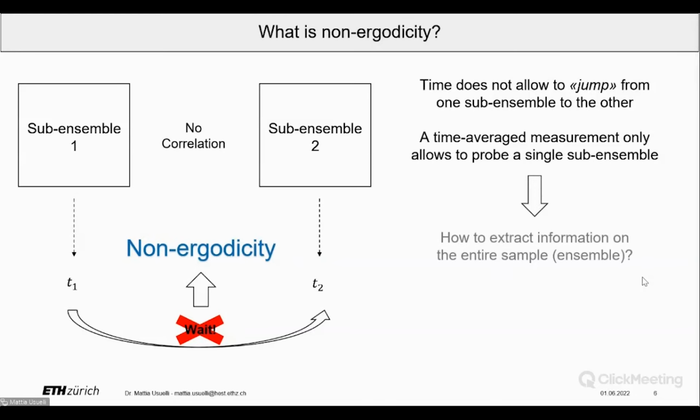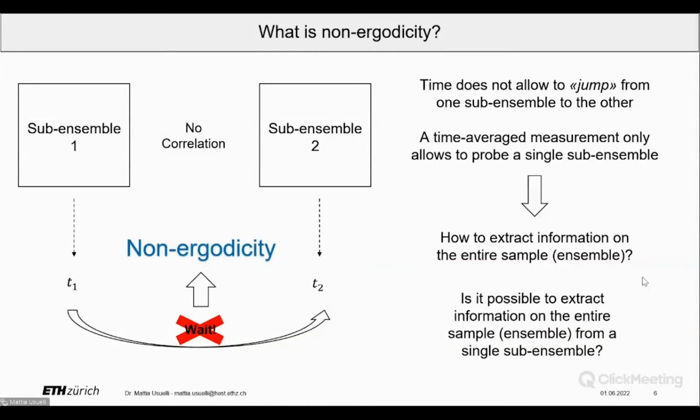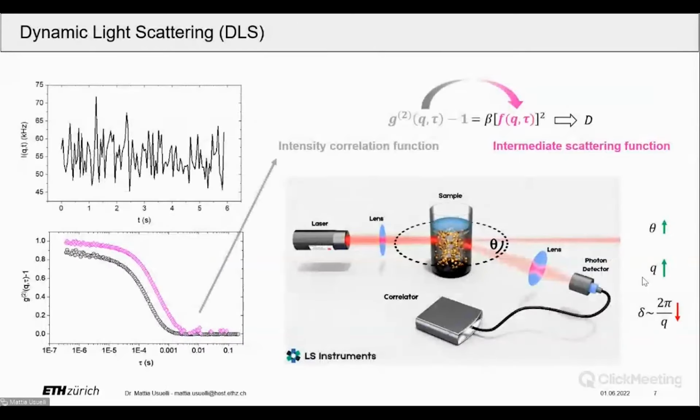The questions that arise from here are: how can we extract information on the entire sample, meaning the full ensemble of possibilities? And the second question, which is very interesting: is it possible to extract information on the entire sample starting from a single sub-ensemble? Because we said that the dynamics, if the sample at least is homogeneous, should still be the same. So is it possible to do this?